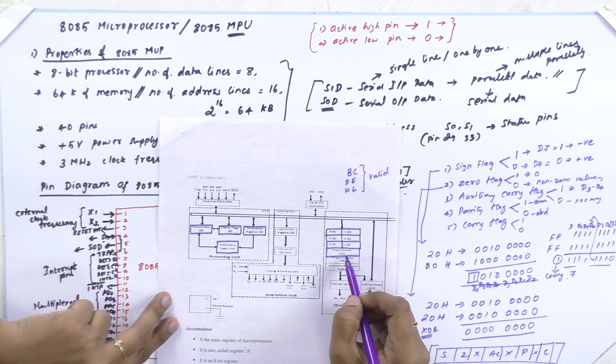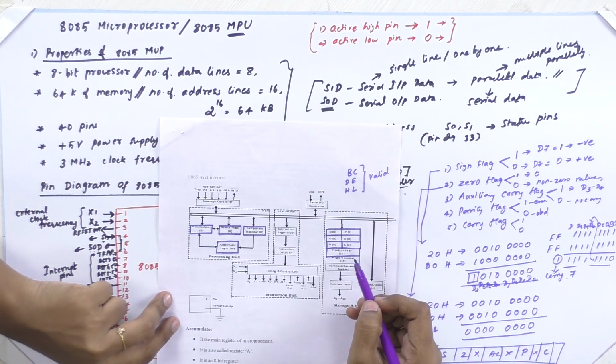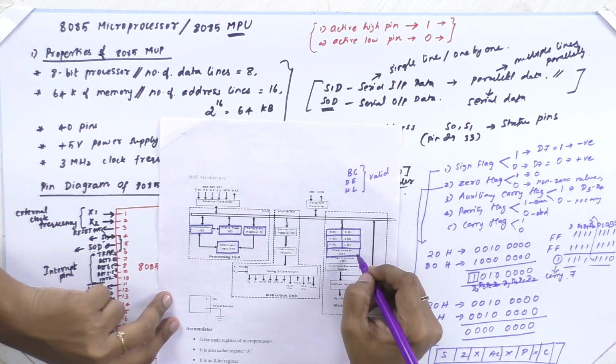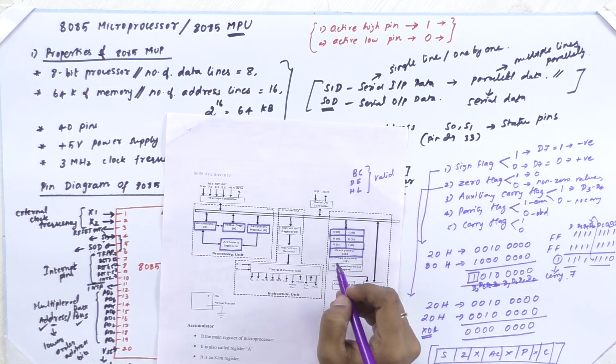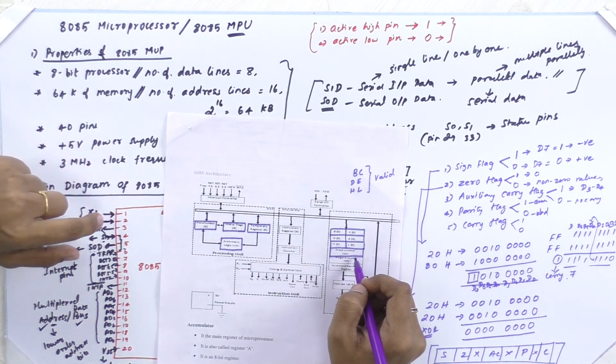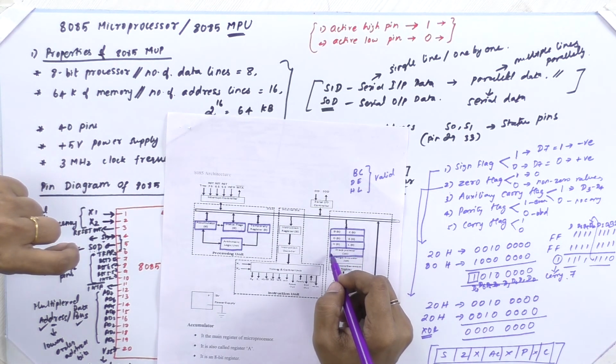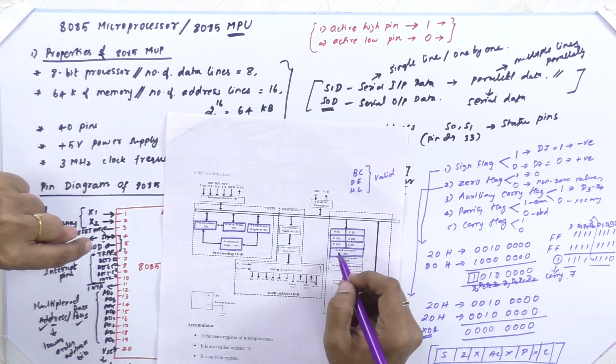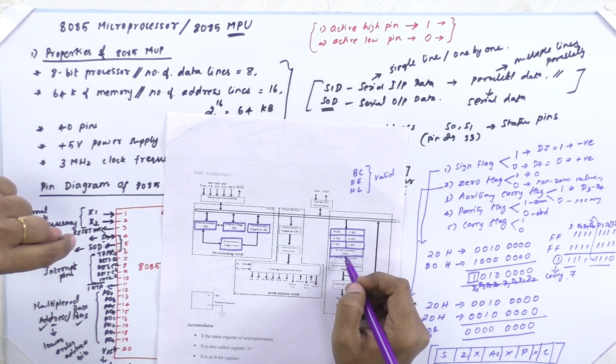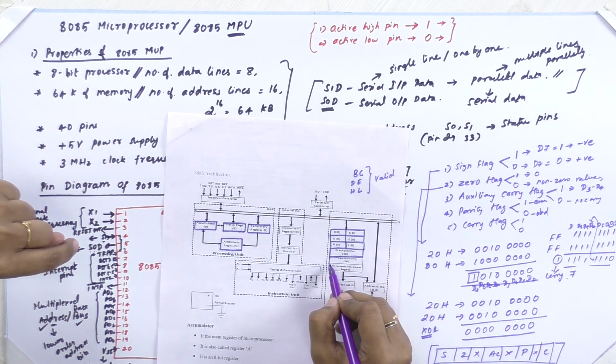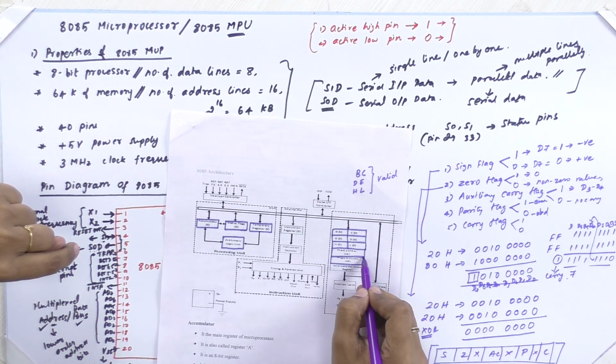And next is the stack pointer. This is used to store the address of the top element in the stack. Next is the program counter.